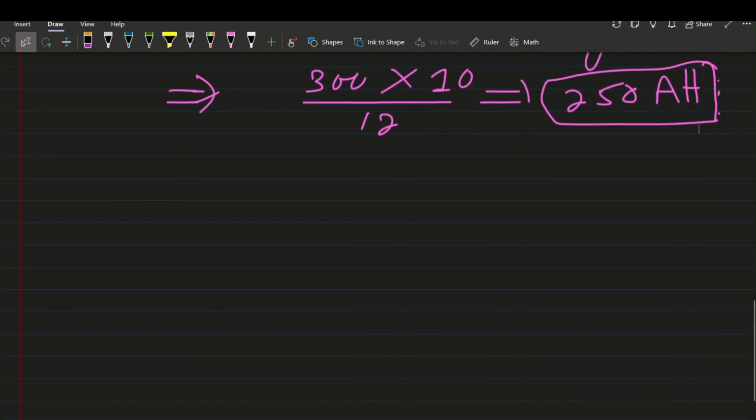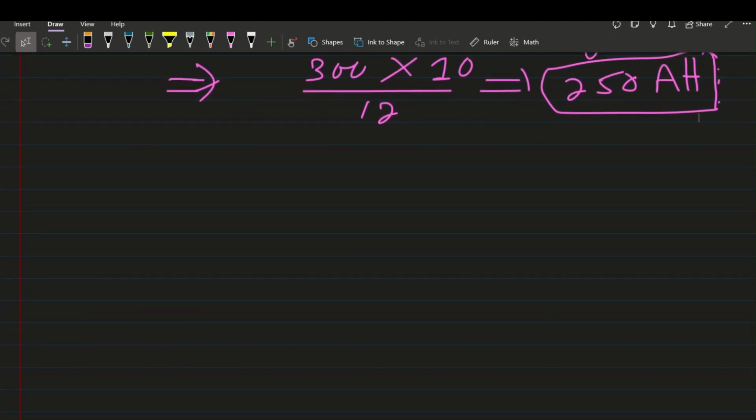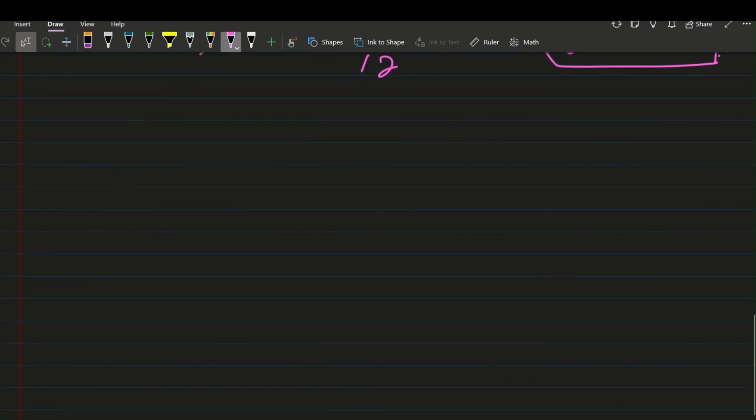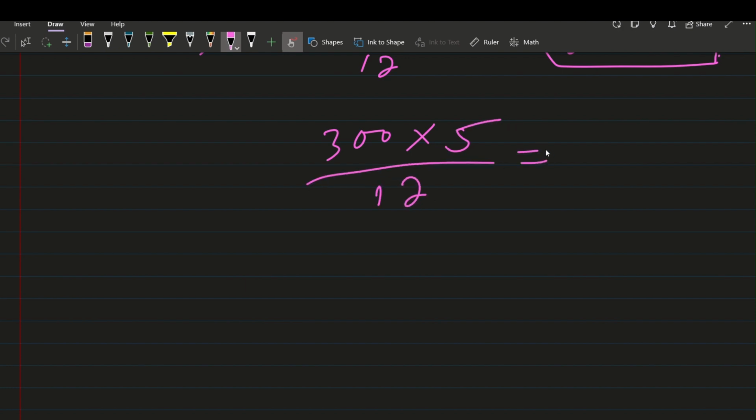So let's move further. The next thing is if I reduce my backup time. Here 300 multiplied by, first my backup time was 10 hours, now I will take a backup time of 5 hours, divided by 12. It will be equal to 125 ampere hours.